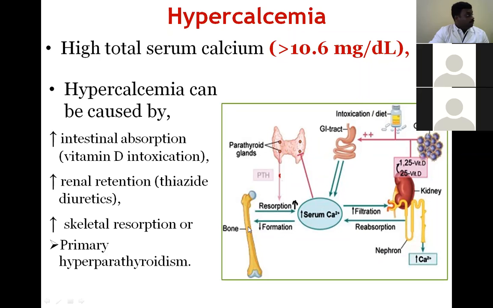When more bone resorption takes place, there is a chance of more calcium in the blood. These are all controlled by the parathyroid hormone. So when the parathyroid glands produce more parathyroid hormone, there is a chance of more calcium in the blood.